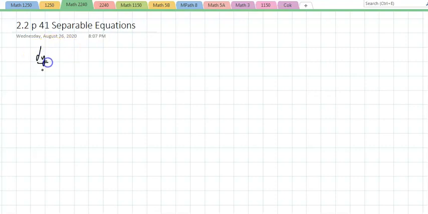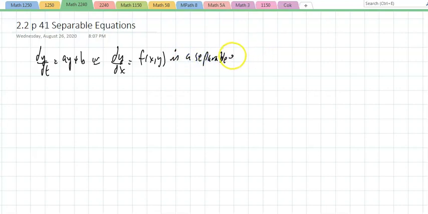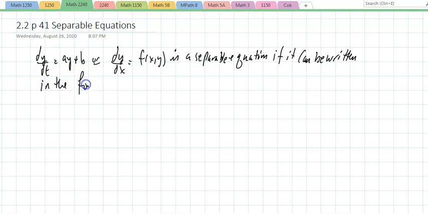So we say dy/dt = ay + b, or dy/dx = f(x, y), is a separable equation if it can be written in the form N(x) dx + M(y) dy.